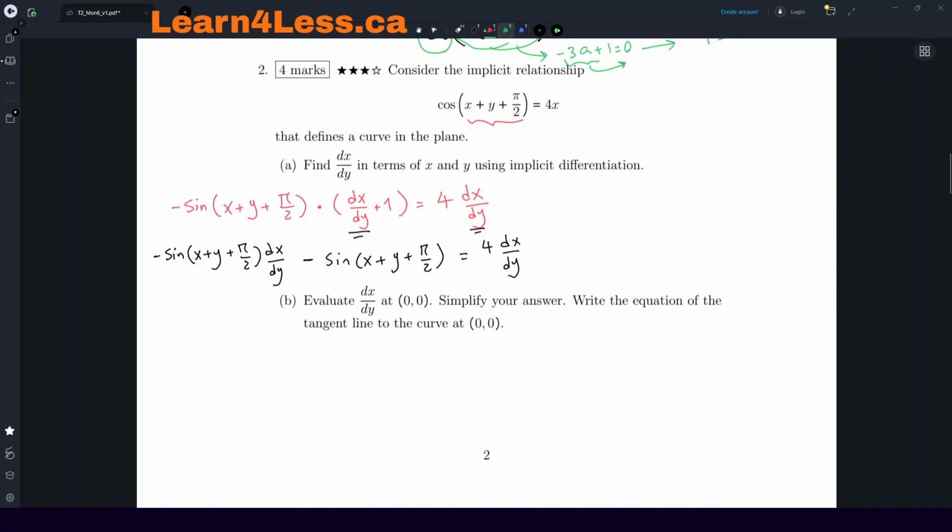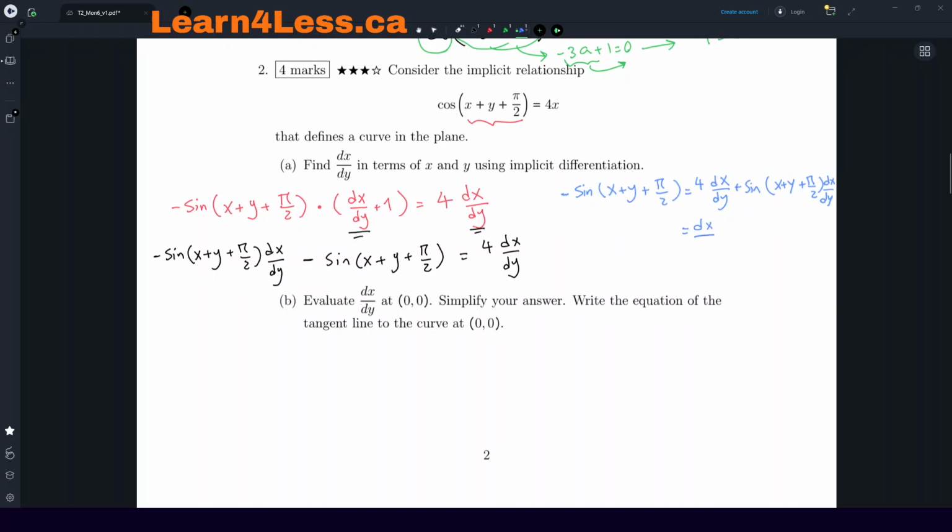So I just move this term to the other side of the equation. What I would get on the left-hand side is negative sine of x plus y plus pi over 2. The right-hand side would be 4 dx over dy plus sine of x plus y plus pi over 2 times dx over dy. Now I can factor dx over dy on the right-hand side.